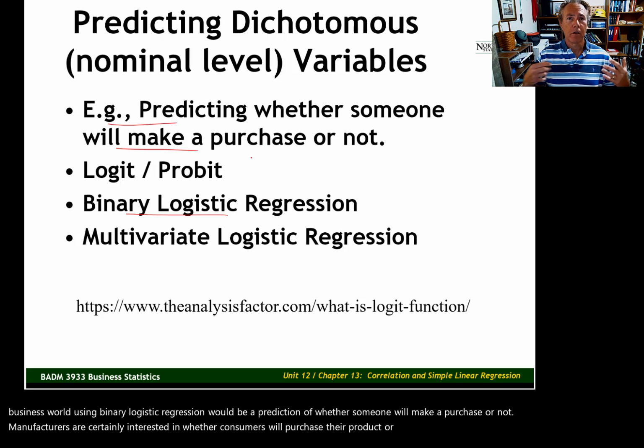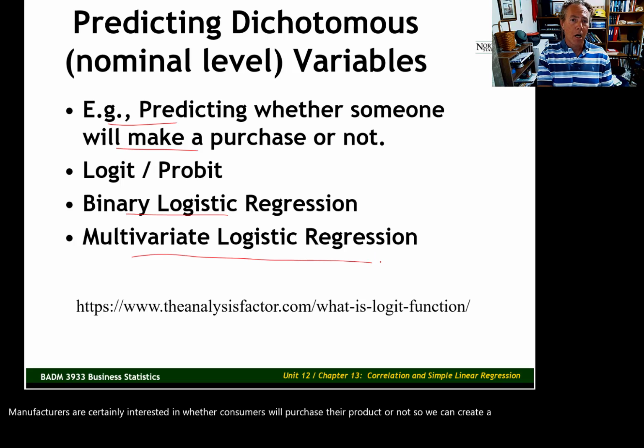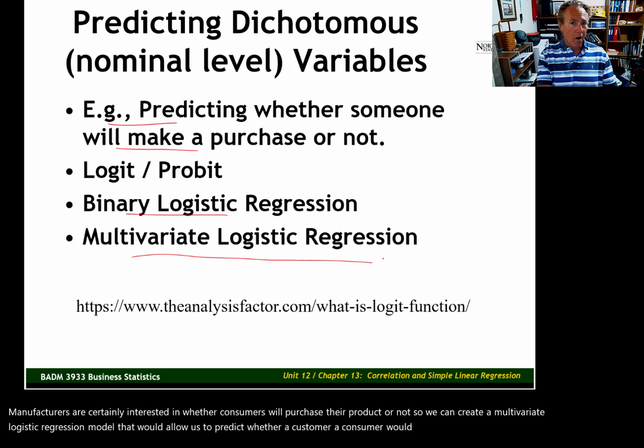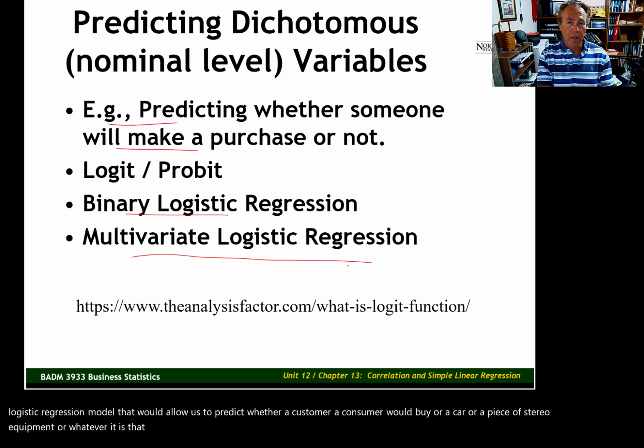So we can create a multivariate logistic regression model that would allow us to predict whether a consumer would buy a car or a piece of stereo equipment or whatever it is the consumer is selling. So there certainly are business applications for these methods.